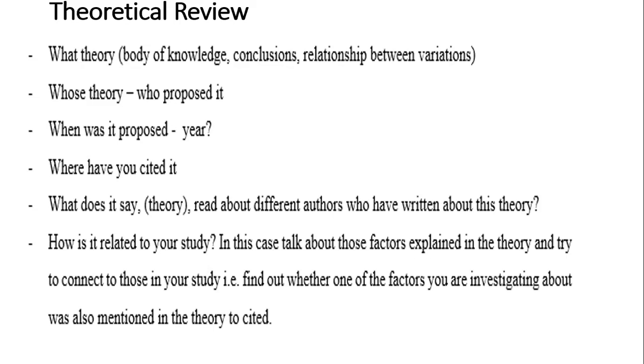Somebody could have taken 5 years conducting research or 10 years conducting research. But the year they declare their findings is the year the theory came to be known. And that is the year we want here. When was it proposed?